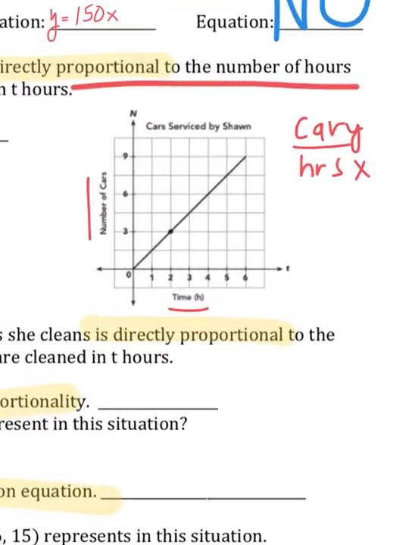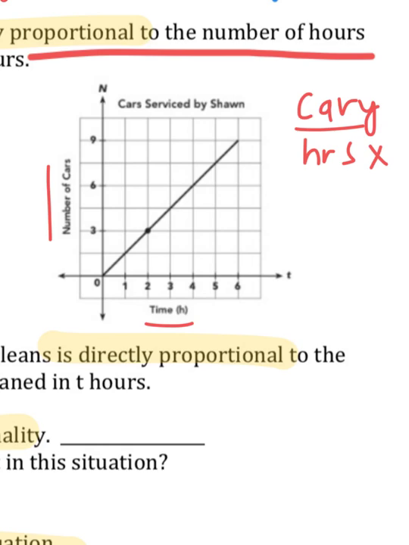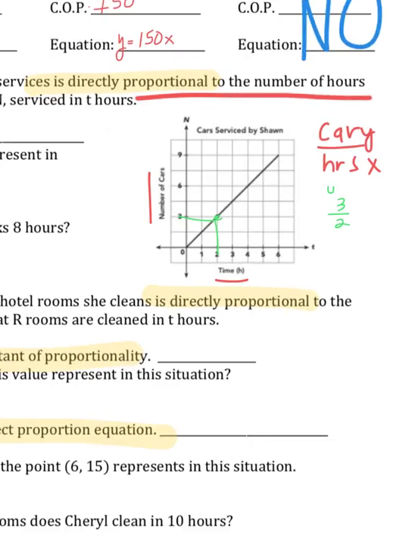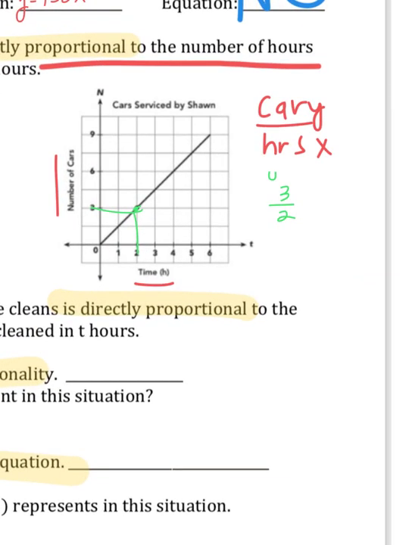Well, I could look at this graph instead of doing everything off the equation right away. And look at that. I got y is 3 and x is 2. The cars and that 2. So 3 divided by 2 is 1.5. And look at that.